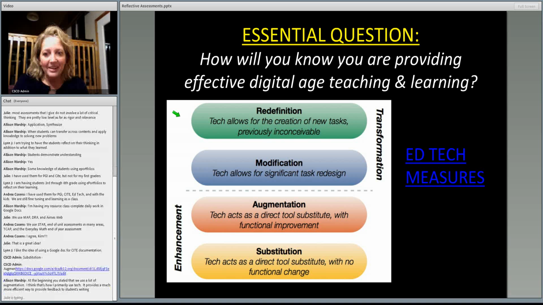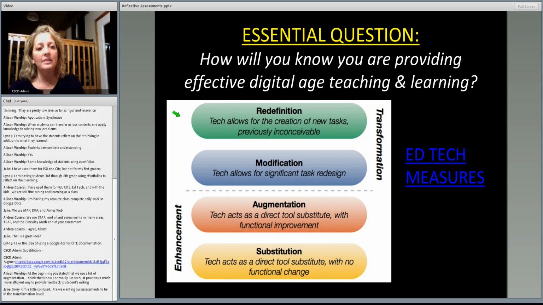So let's see. One of the things we're going to do is, how do we know we're providing it? Well, we're going to look for these levels, and we're going to see if, as we share different examples of technology uses in our teaching and learning, we can see evidence that the use of the tech is starting to transform how we teach and how we learn.